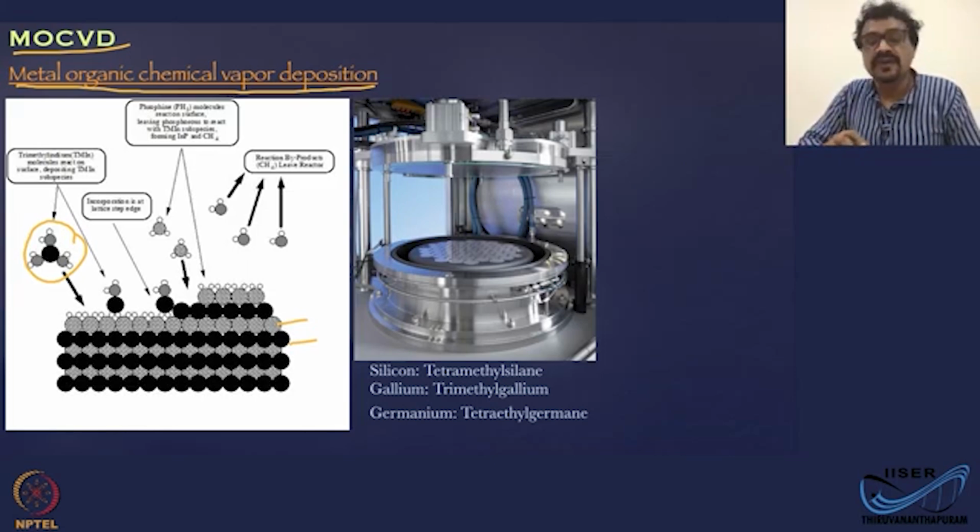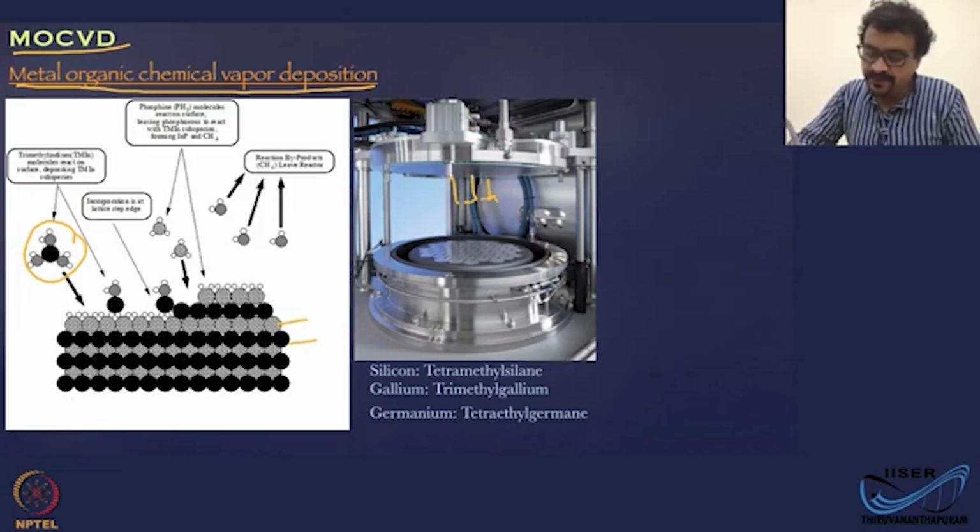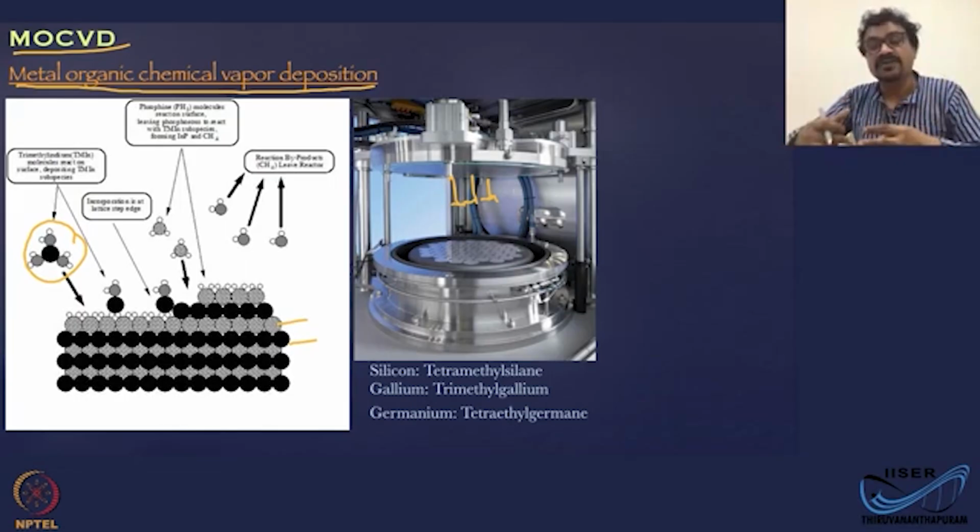There are two kinds of reactive gases here. One is trimethyl indium, and the other is phosphine, PH3. These two you will pass into some kind of chamber. Of course, a lot of calculations and simulations are done to design this chamber, what direction, how you pass it, the pumping speed, all kinds of things are involved.